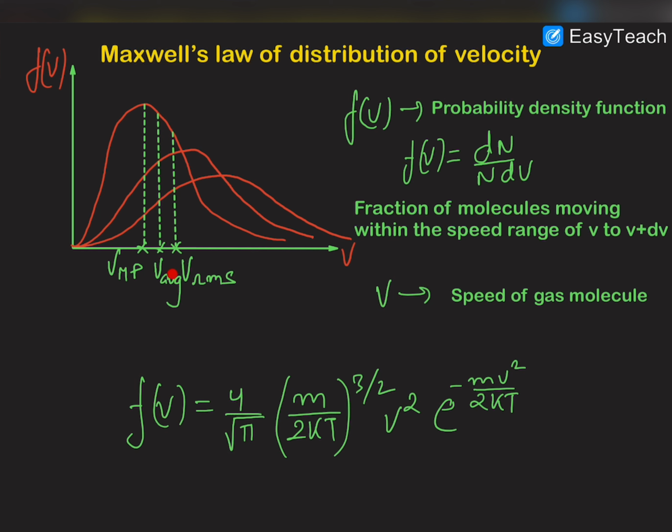Then this one is the average speed, and this is the RMS speed. Now we already know these three velocities, we have already studied their formulas, so let us discuss their formulas.